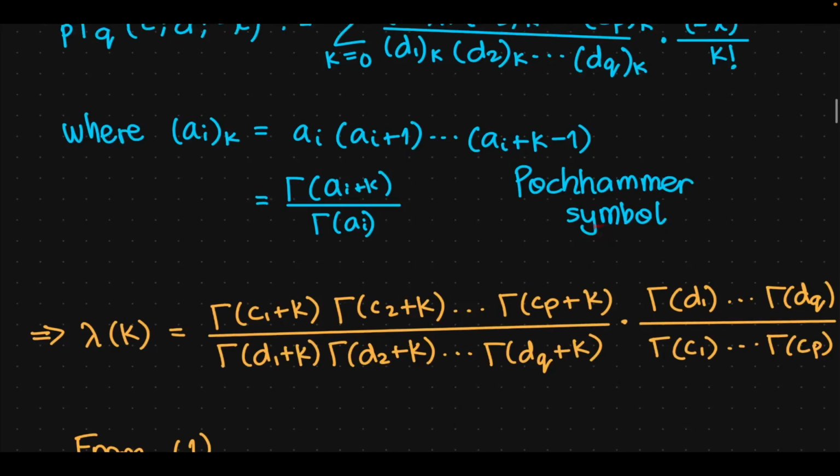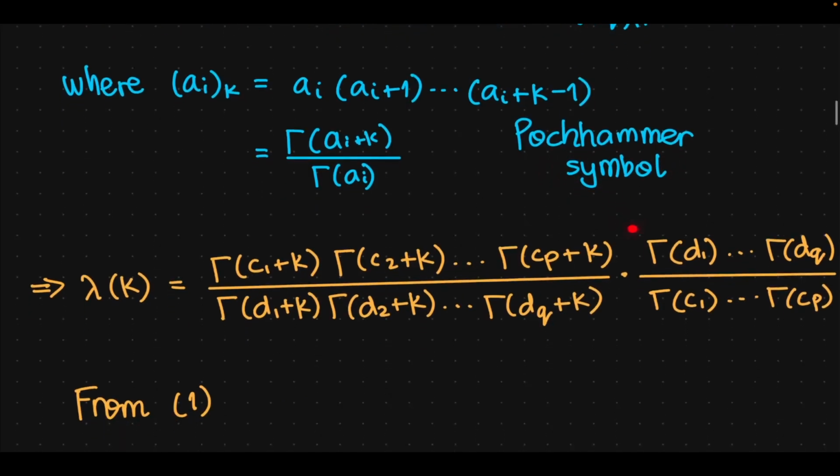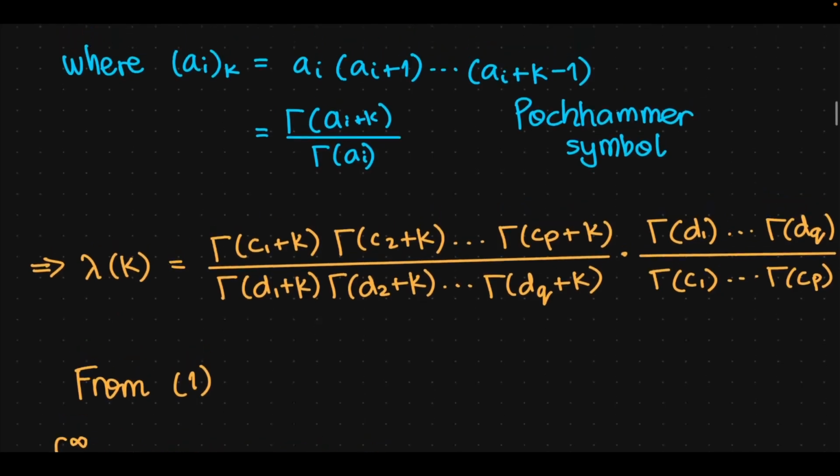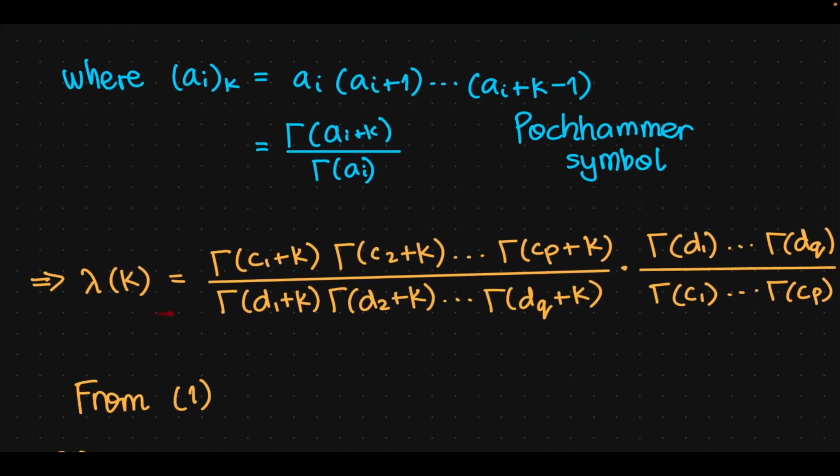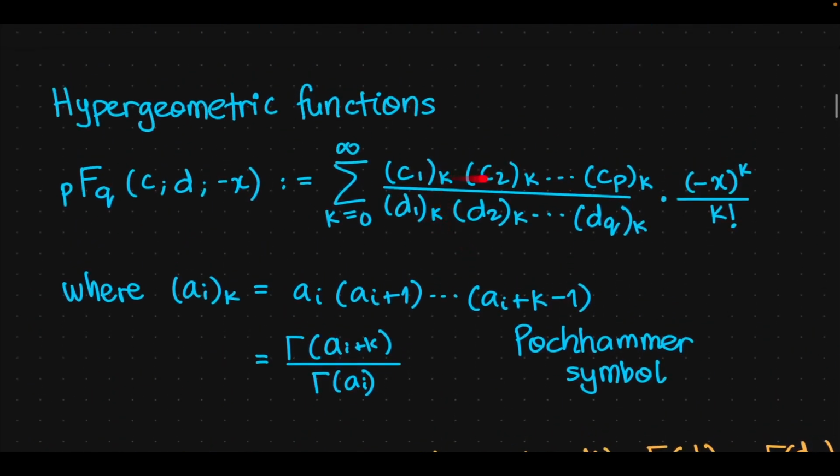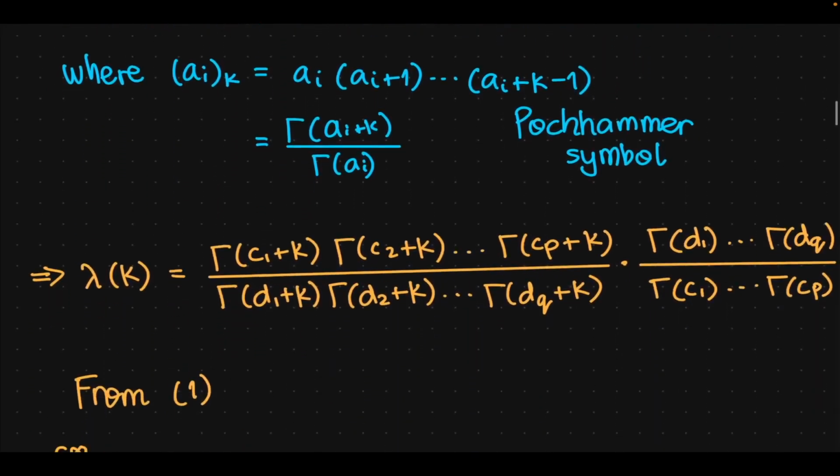And this is actually called the Pochhammer symbol. Sorry if I butchered the name. Okay, moving on. We identify that we can replace all of these coefficients using the gamma function. So we just get a potpourri of these gamma functions.